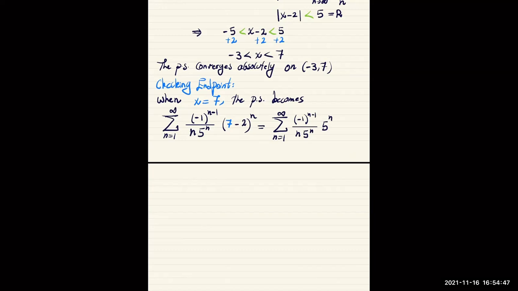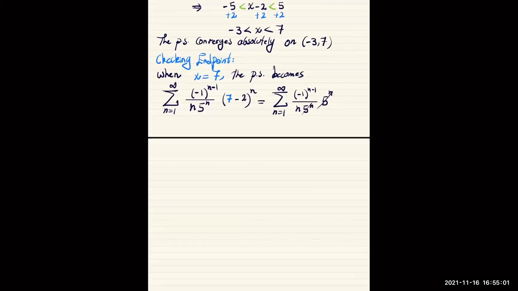Again, this power series is not a geometric power series, but in the long run, it would be like a geometric one, unless x is 7. When x is 7, those cancel out and you end up with, guess what we end up with? -1 to the n minus 1.